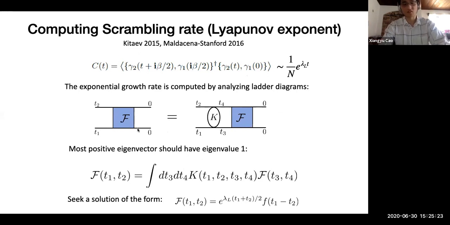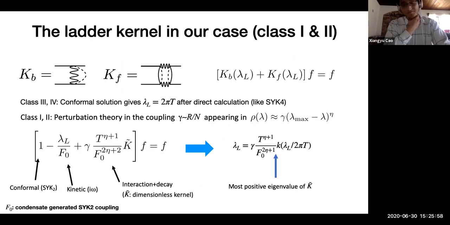So this is just a general picture. This correlator is given by a sum of ladders where you stack some ladder kernel, and to compute its exponential growth rate, you want to find the largest eigenvalue of the ladder kernel, and with this kind of eigenstates, require that this eigenvalue be 1 by adjusting lambda L, then you can find lambda L. So the ladder kernel in our case is basically, you have two kinds of ladder kernels.